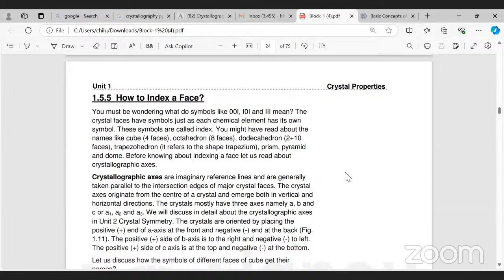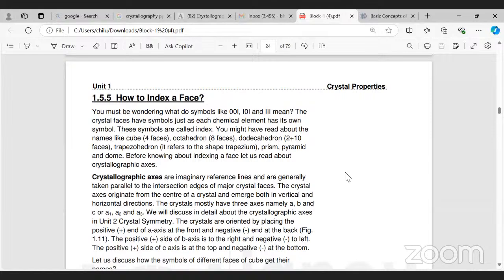Sometimes we see names like cube with 6 faces and octahedron with 8 faces, dodecahedron, which has 12 faces, and sometimes trapezohedron also, depending on how it looks like a trapezium. And prism type structures, and pyramid and dome type structures also we see. According to that, the index will be given.